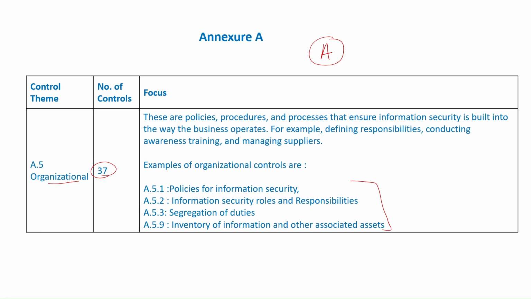The focus of organizational controls is on defining the policies, procedures, and processes so that you ensure information security is built into the way the business operates. For example, defining the asset management policy, or the segregation of duties policy. All these policies, procedures, and processes, and how to define them, are mentioned in the organizational control.